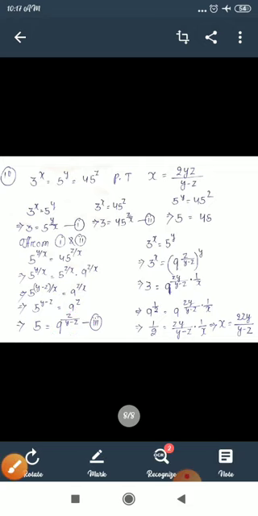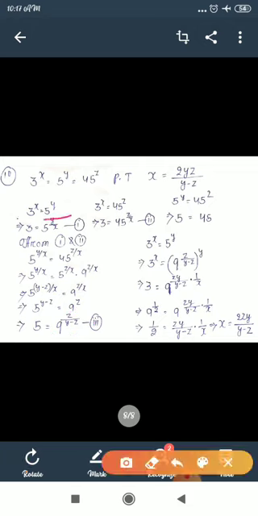Now just see, you take 3 to the power x equal to 5 to the power y. Now 3 to the power x, and in place of 5 you can take this value, and this power y will be here.